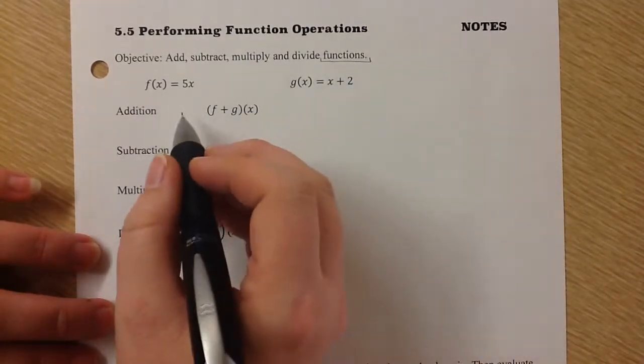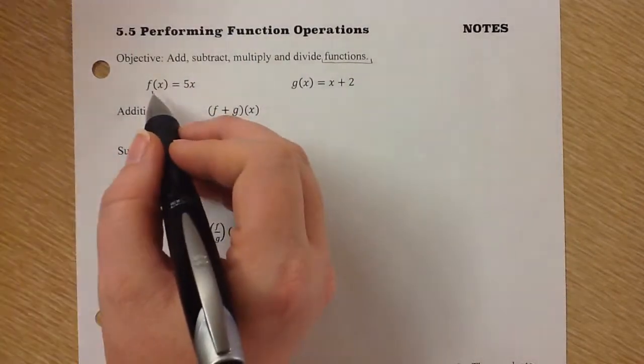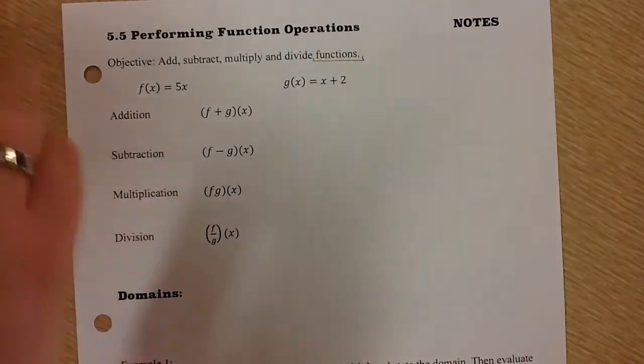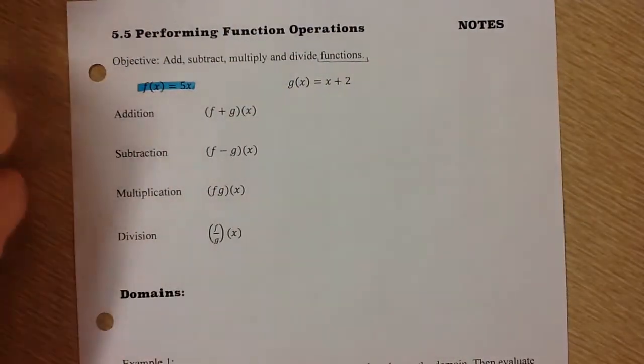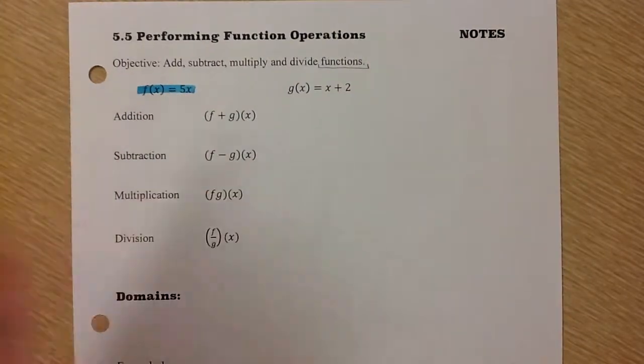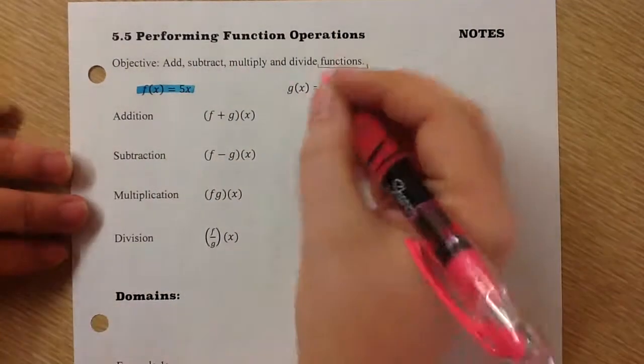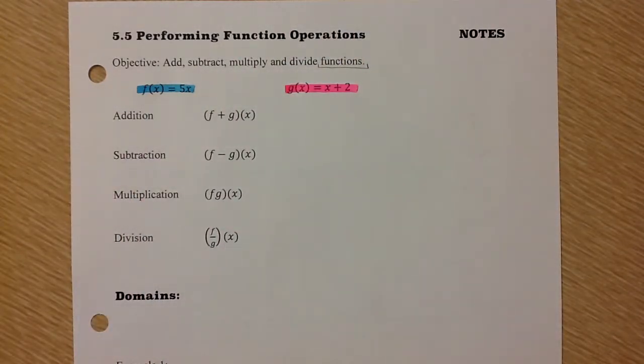So if I have two functions here, let's say f of x equals 5x, so there's my f function. The name of this one is f, and then I have my g function, g of x equals x plus 2. I'm going to try color coding things to help make these notes go a little smoother.